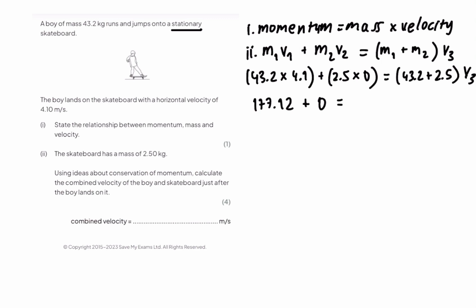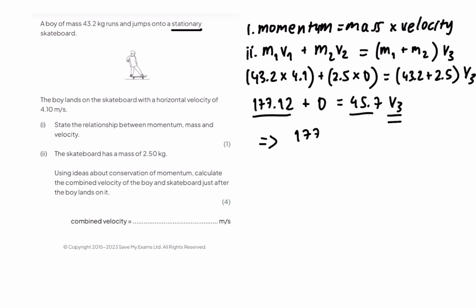And that should equal 45.7 kilograms, which is the combined mass, times the new velocity. Okay, so to find the new velocity, all we need to do is just divide the boy's momentum by the combined mass of the boy and the skateboard, because as we can see from this equation, 45.7 times the new velocity is equal to 177.12, which is the boy's momentum.